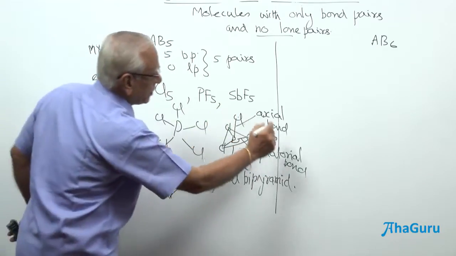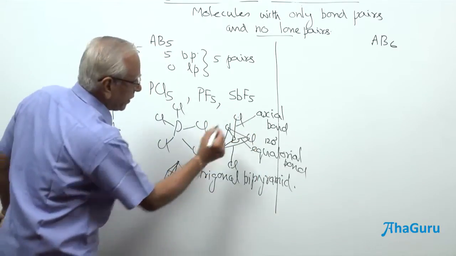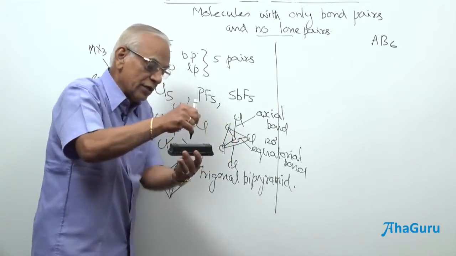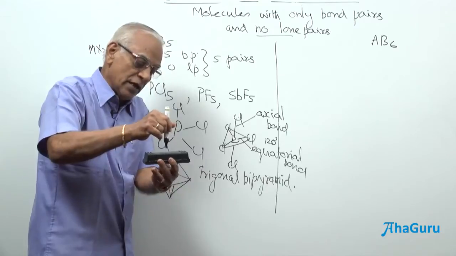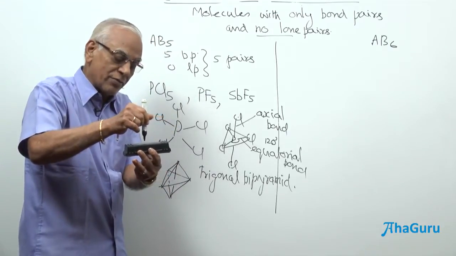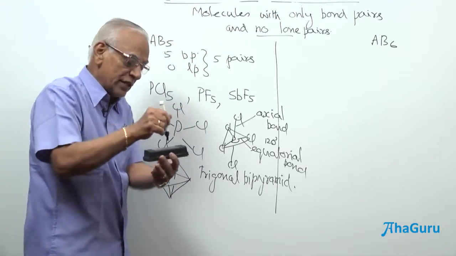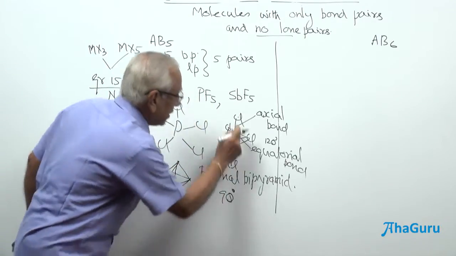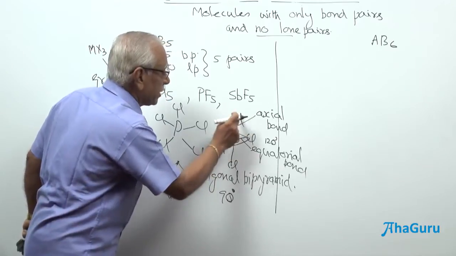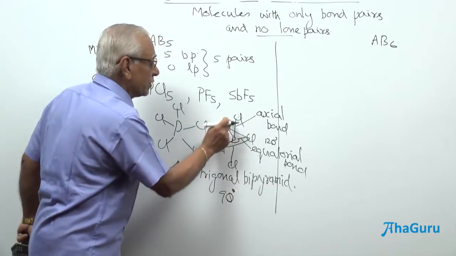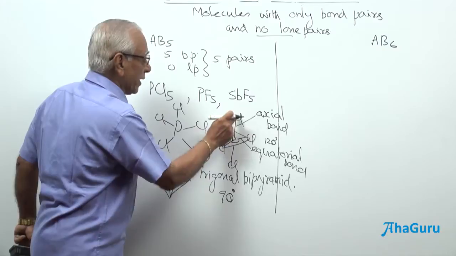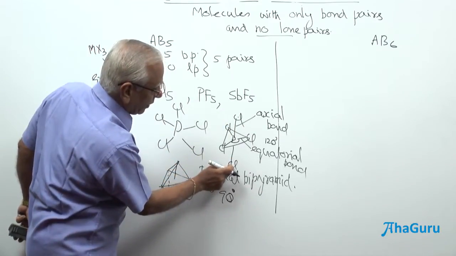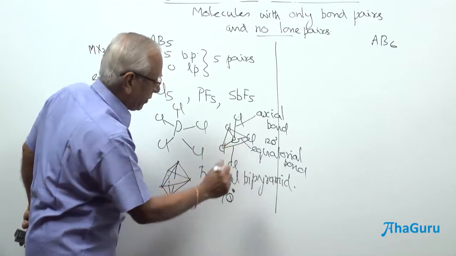Now let us sum up all the bond angles here. The bond angle between axial position, that is perpendicular here. You just visualize, this is going to be a triangle and you have a perpendicular here, that's an axial bond. What should be the bond angle between this one? It's 90. Similarly, the bond angle between this chlorine and any one of the chlorine is going to be 90.